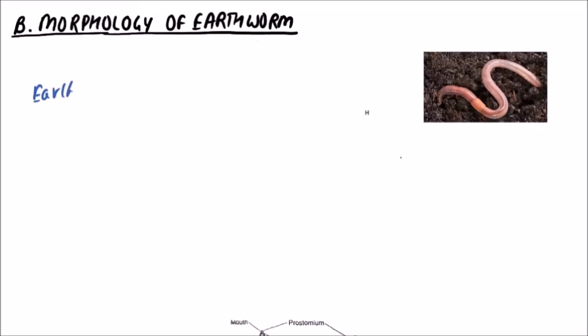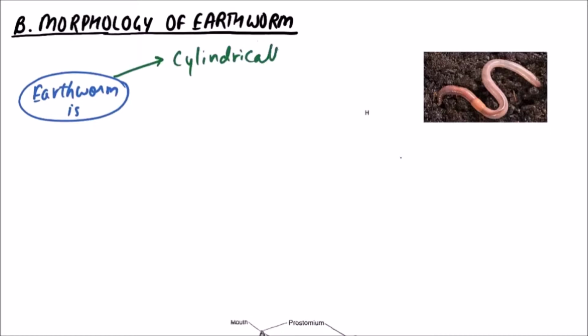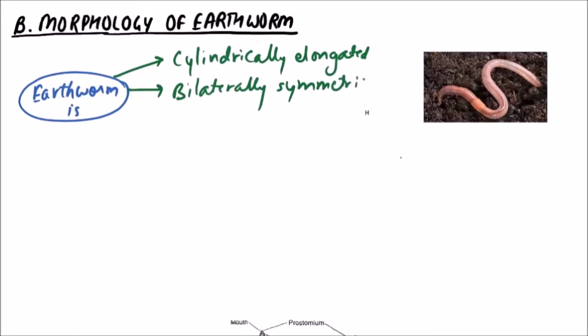Earthworm is cylindrically elongated, bilaterally symmetrical, and metamerically segmented.